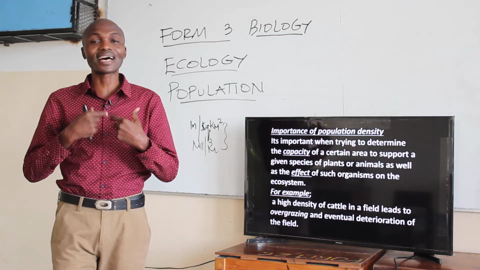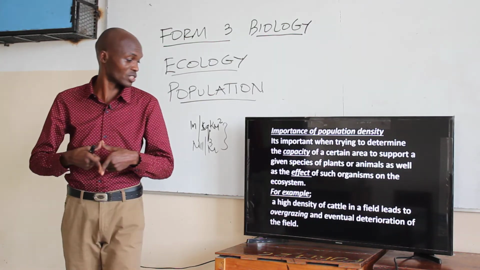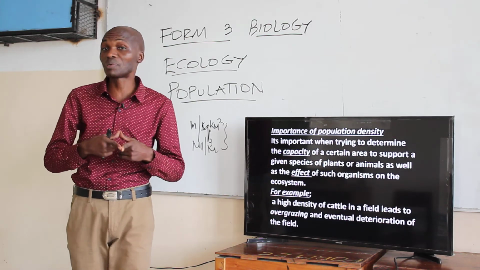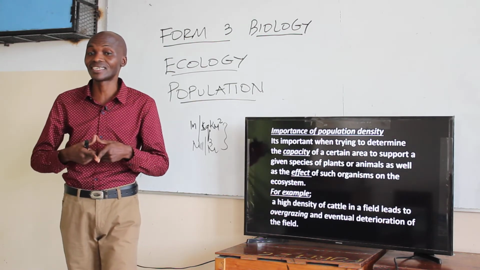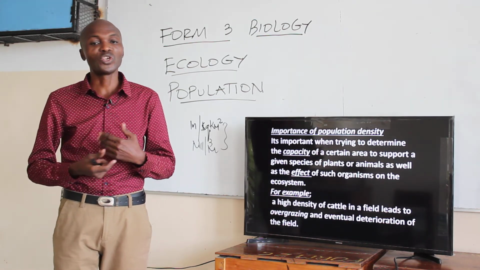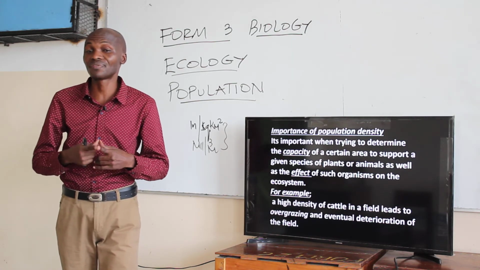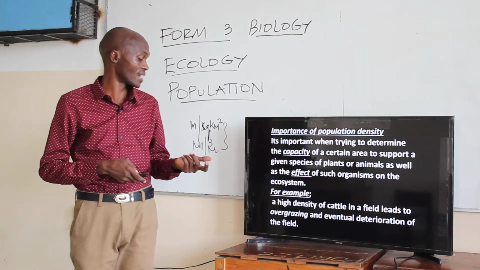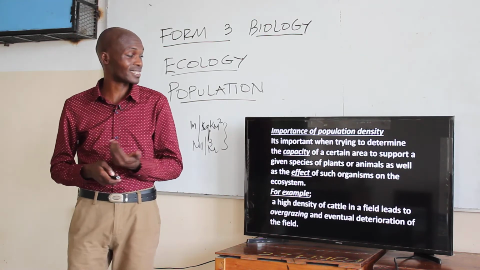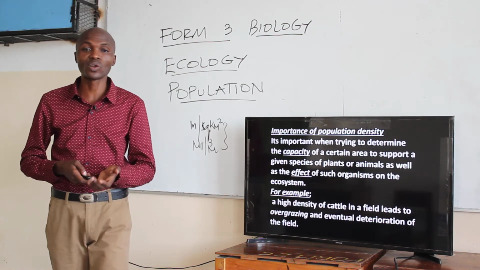That means these cattle may feed on the vegetation to an extent that there is stiff competition. If overgrazing is prolonged, the field may deteriorate, and this can even lead to desertification, so to speak. So that's an example of the effect of high density in a given locality.